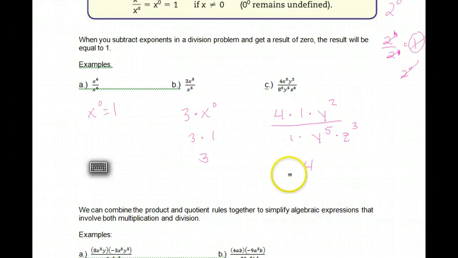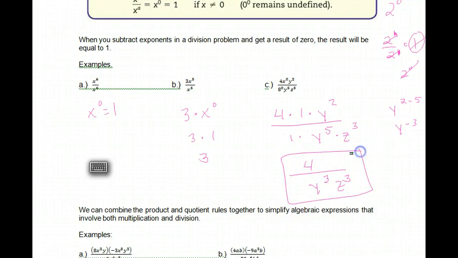We can have 4 over y to the 2nd minus 5 gives us y to the negative 3. That tells us that my y belongs in my denominator, and then my z cubed stays where it is. So that thing started out looking kind of ugly, but it finished looking a little bit better.